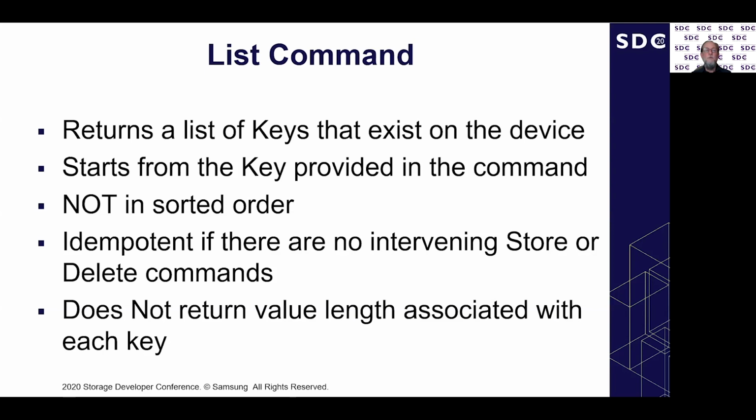What this allows for is if I don't have a buffer large enough for all of the keys on a device, then I can send a list command with perhaps 0 as my starting point. It will then start from the first key in its key value list and give me however many keys fit within the buffer that is allocated.